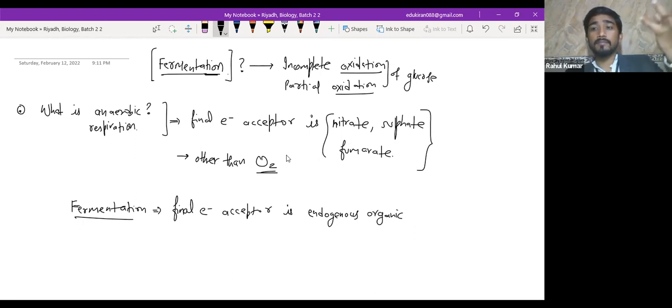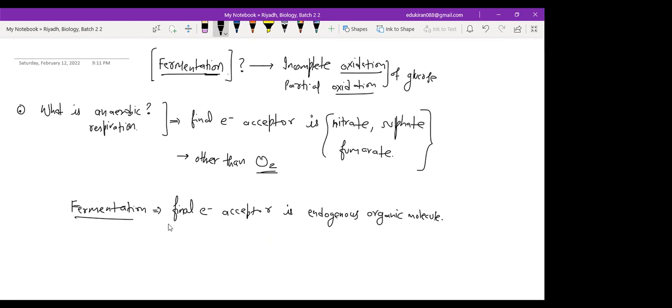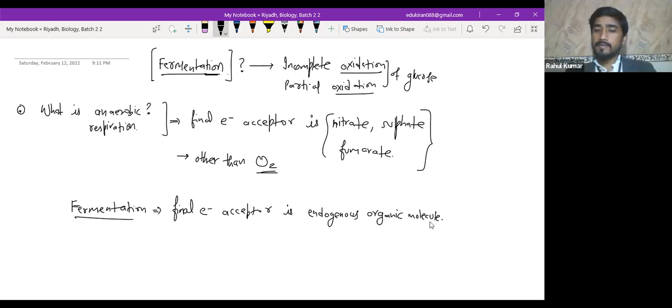We take it from the atmosphere in elemental form, right? But an organic molecule is something which is inside already. For example, like you gave an example, remember Mariam? Lactic acid or ethanol, correct? So in fermentation, the final electron acceptor is an endogenous organic molecule and not this. That's why it's different from anaerobic respiration.